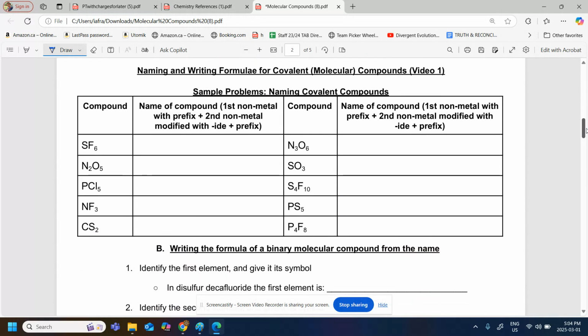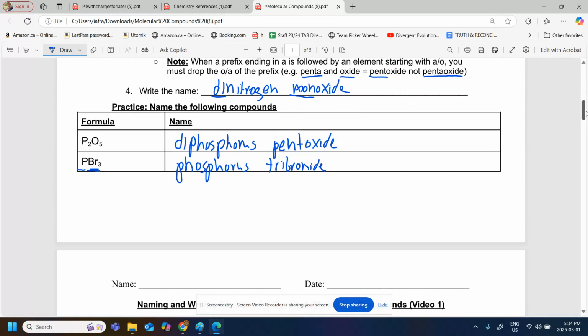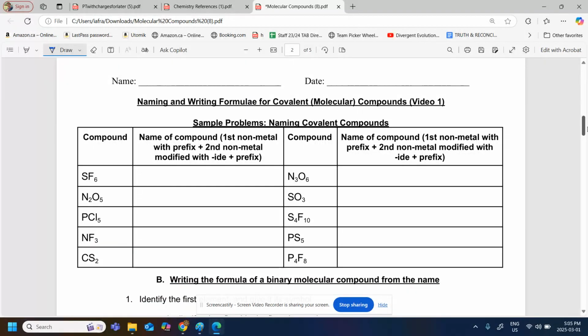You can try the following ones. I would recommend you pause the video, then unpause and see if you're on the right track. Hopefully you've unpaused the video at this point and you're just checking your work. You have sulfur hexafluoride. Over here you have 2 nitrogens, 5 oxygens, so dinitrogen pentoxide.